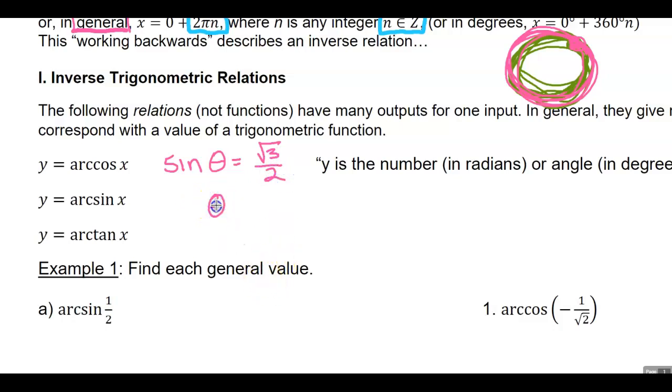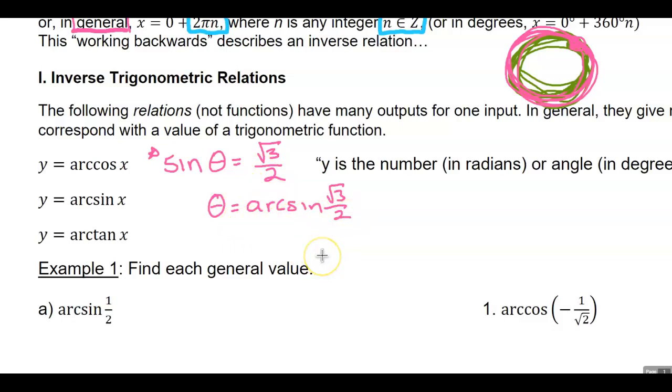That's the same thing as saying theta equals the arc sine of root 3 over 2. These are identical. And this is what you did on your homework last week. You just looked up on your unit circle, and you found the angles that match this. It's just another way of writing the same exact thing.